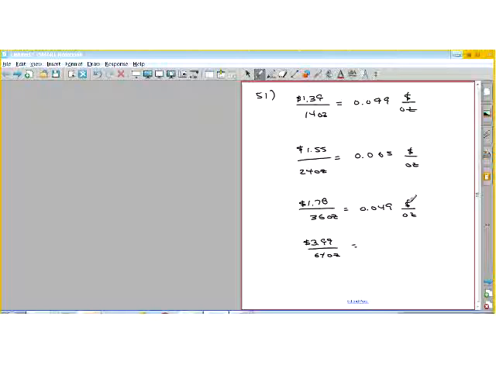And 3.99 divided by 64 is $0.062 per ounce. So now we'll compare these and look for the smallest.